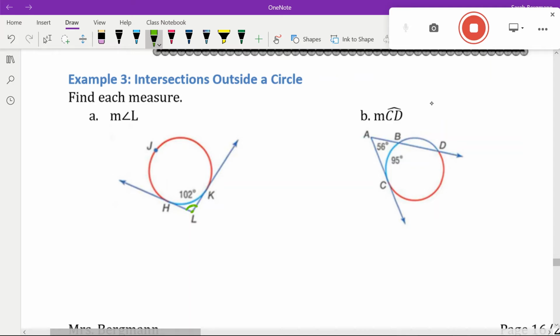So we'll do the measure of the larger arc, which is this arc. So we need to take the measure of arc HJK minus the measure of the smaller arc, which is the blue arc, the measure of arc HK, and divide by 2.